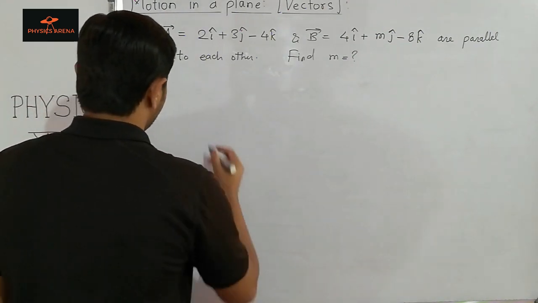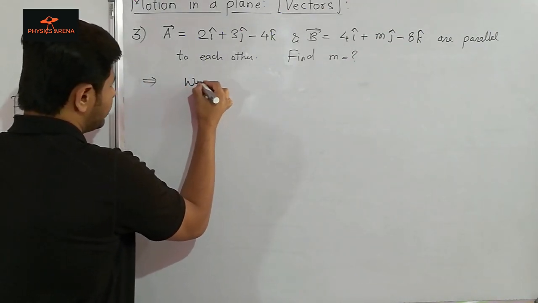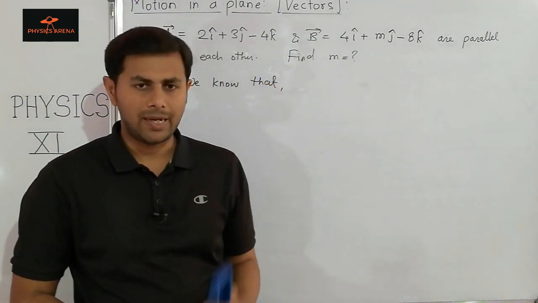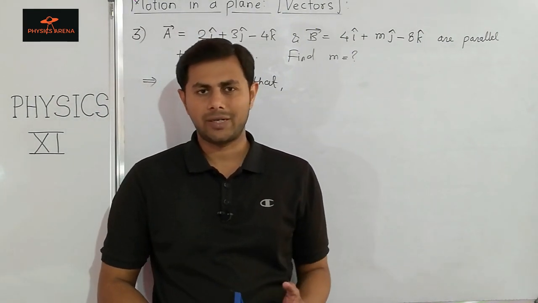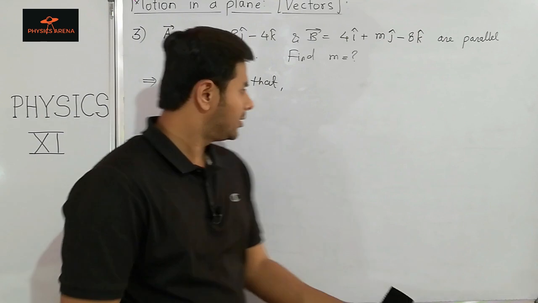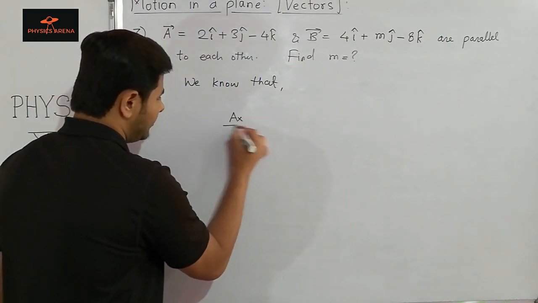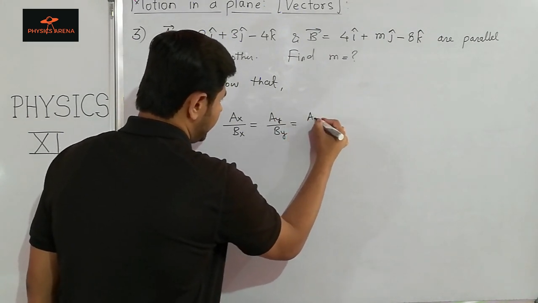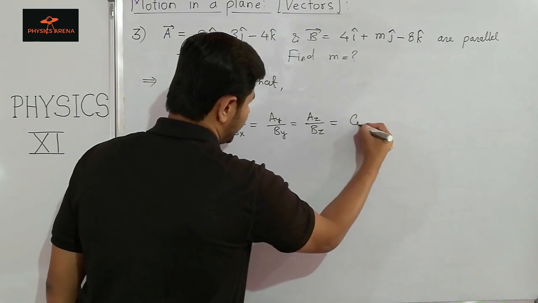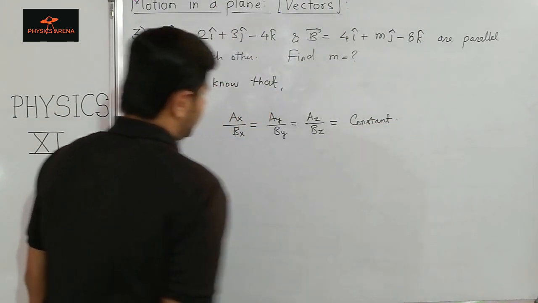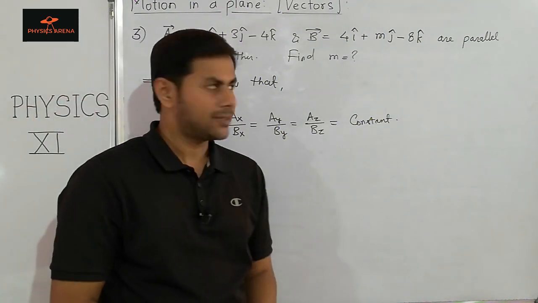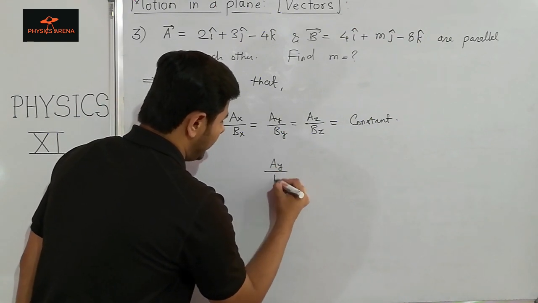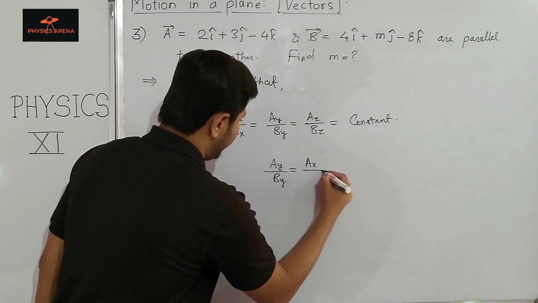It's very simple. We know that if two vectors are parallel to each other, then the ratio of their components is the same. So what should I get is ax by bx equals ay divided by by, equals az divided by bz, and it is a constant. So let's take ay by by equals ax by bx.